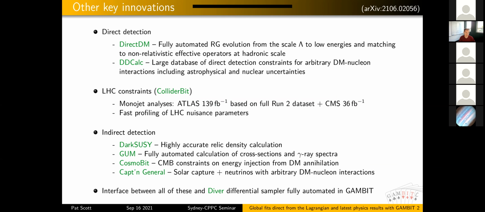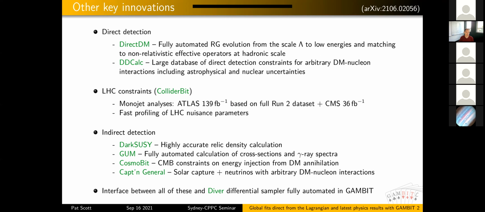So we did a full match into the non-relativistic EFT, and then down at the hadronic scale, then used DD-Calc to compare with these detailed likelihood functions for the latest direct detection experiments. Also including nuisance parameters for nuclear uncertainties and halo models.